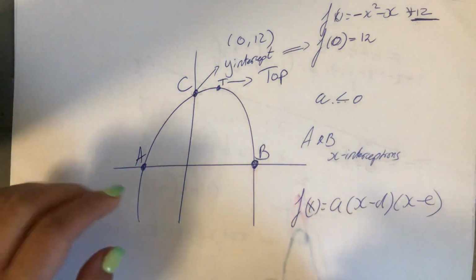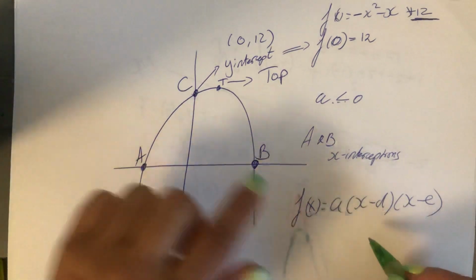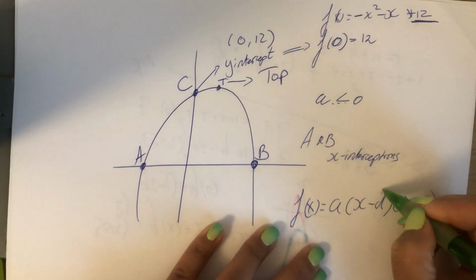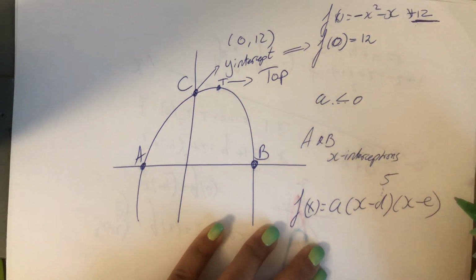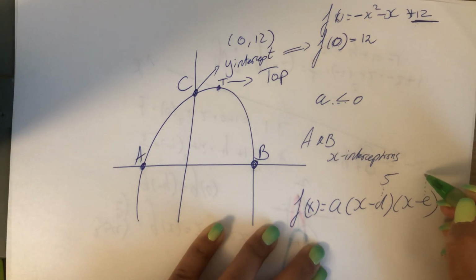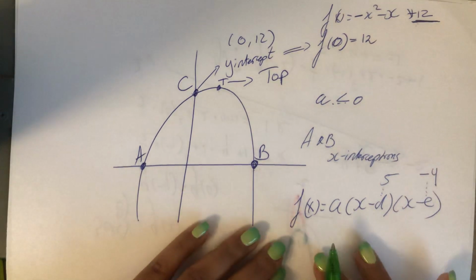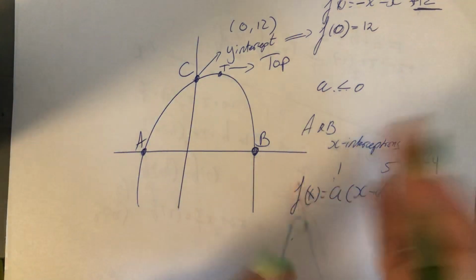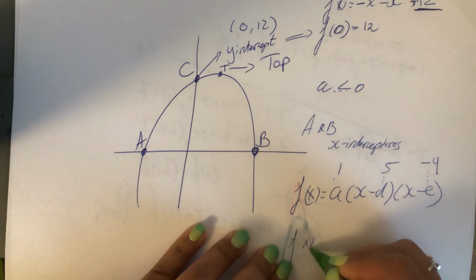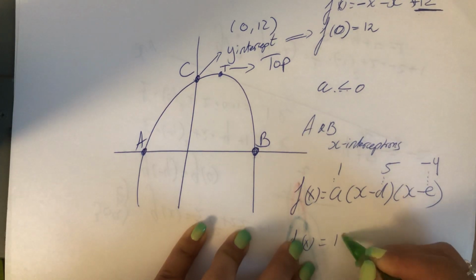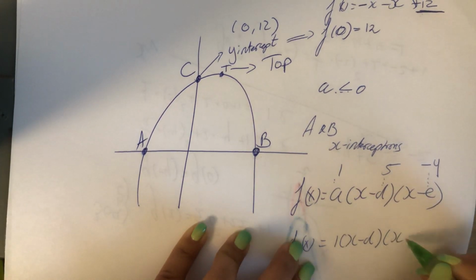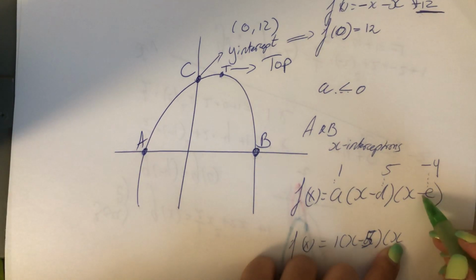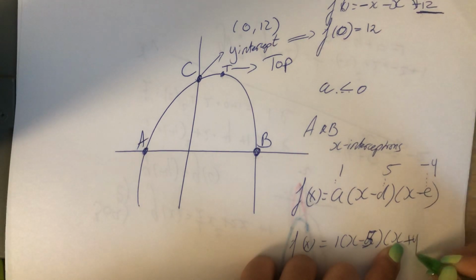So for example, it's not necessarily accurate, but let's say that this is 5 and this is, let's say, negative 4. The formula would change to, with a is 1, just creating something, 1 times (x minus 5)(x plus 4).